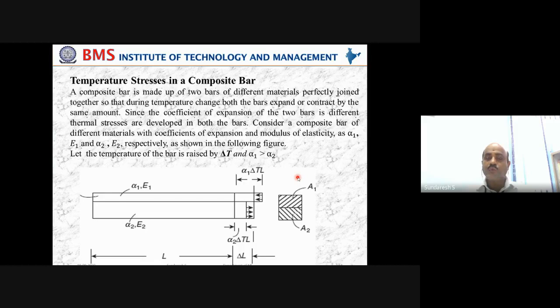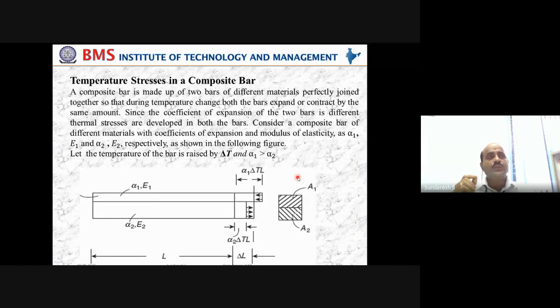Is it clear? So when material 2 offers resistance to material 1 undergoing a free expansion, material 1 will be subjected to a compressive stress. Please remember this. This is a very important conclusion we are supposed to arrive at the beginning of the analysis of temperature stresses in a composite bar.